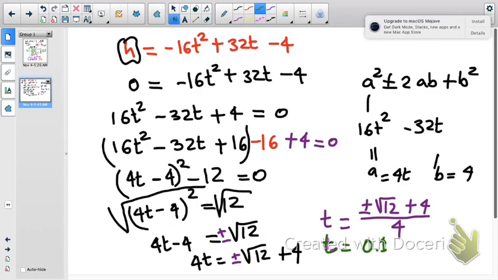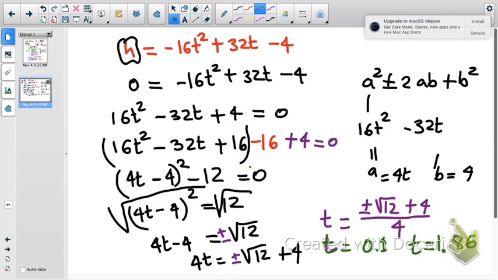And the second answer, using the positive square root of 12 this time, should give you t is equal to 1.86. And this, if you look, is the second time, and the second time is the time at which the ball gets back to the earth.